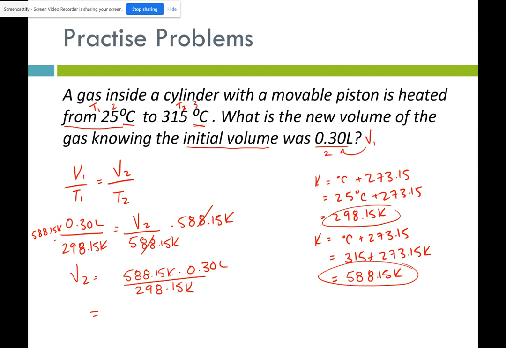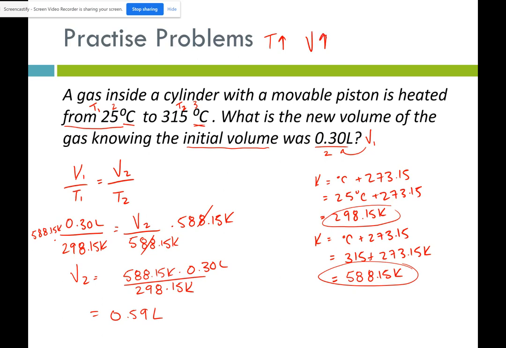So I'm going to report to 2, so this is going to be 0.59 liters.